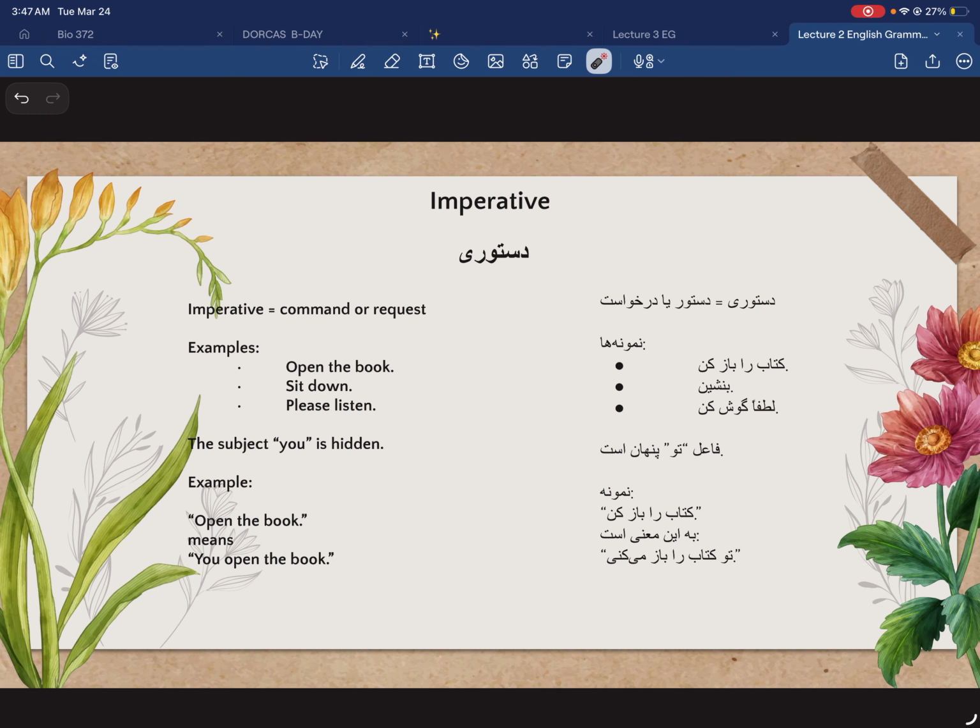And then the next one is sit down, which has a hidden you. You can say you sit down, you please listen. So it is a command or request. If you ever feel like a sentence sounds like a command or request, it is going to be an imperative sentence. It can also be polite, like please listen, but it's still going to be a request or a command.